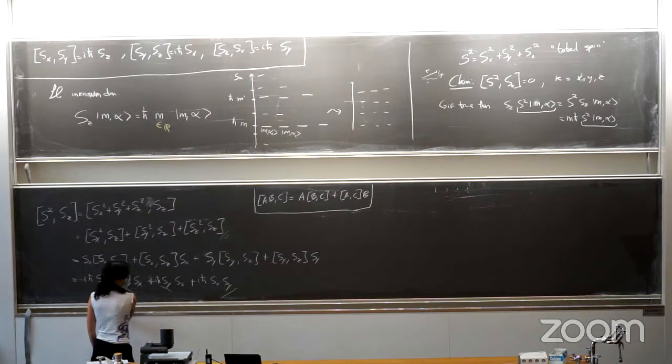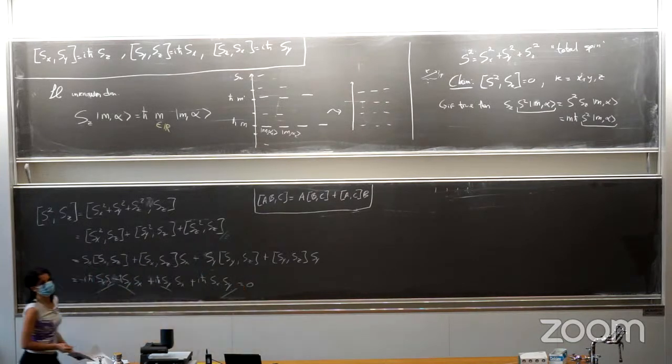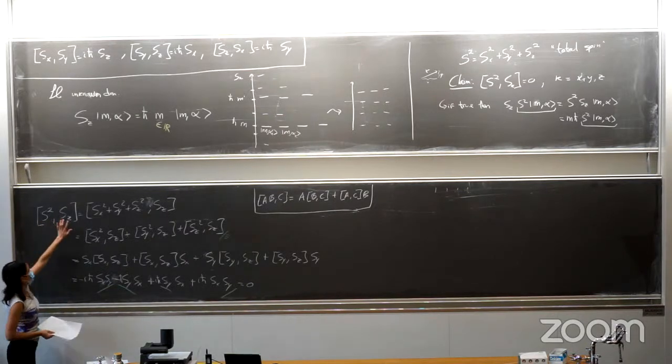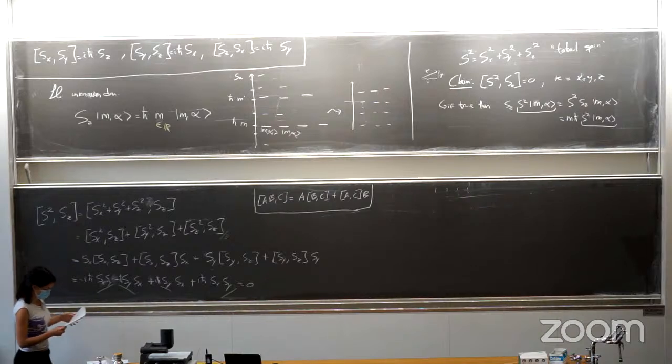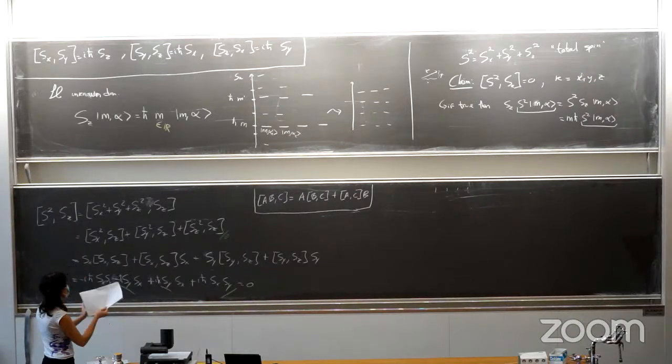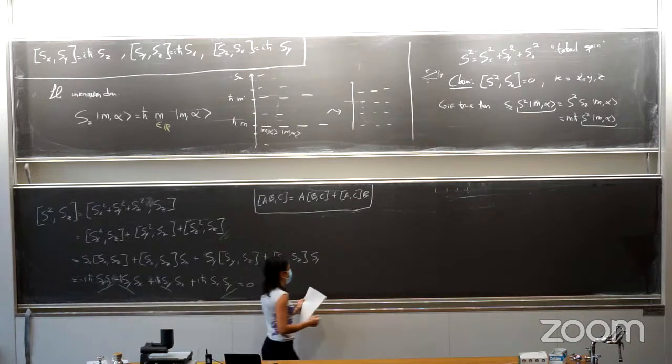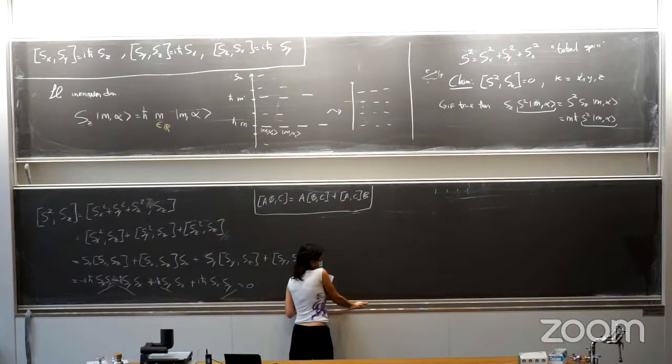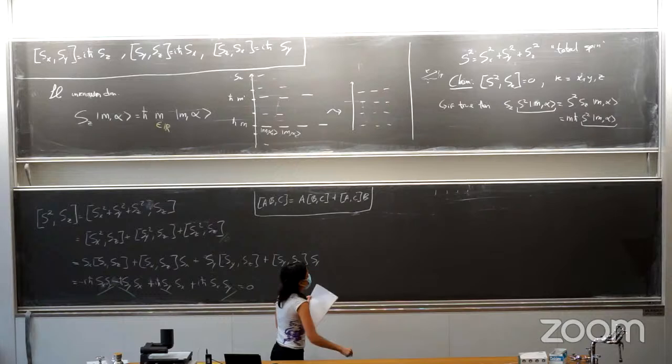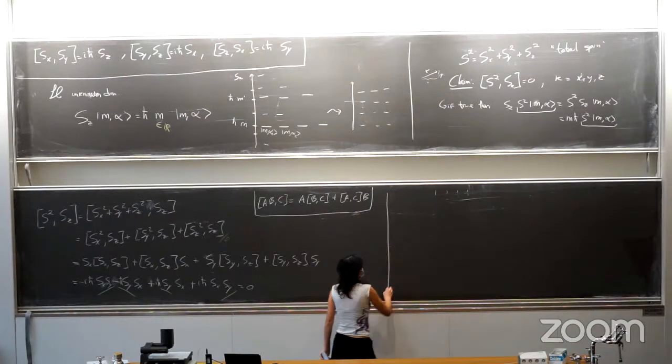Okay. Right. So now we believe that S squared and Sz commute, which means that eigenstates of one are eigenstates of the other, which means that now what we'll do is consider the following subspace. So we consider subspace H_S.